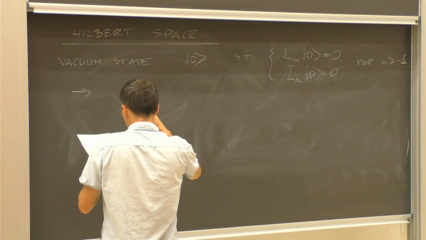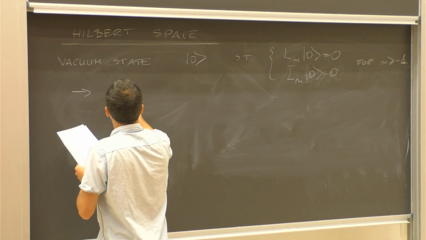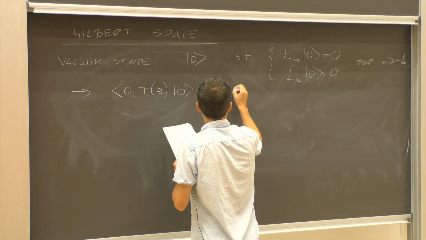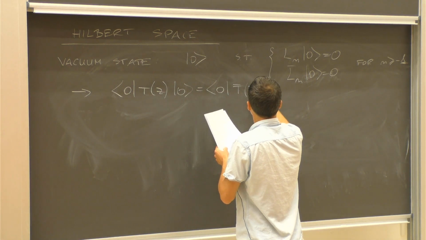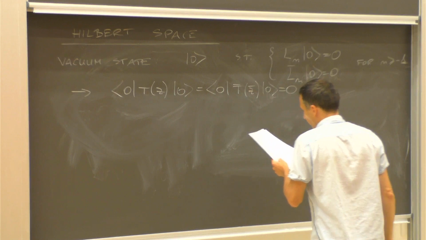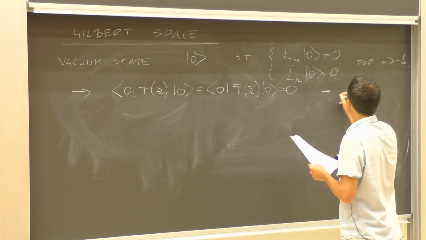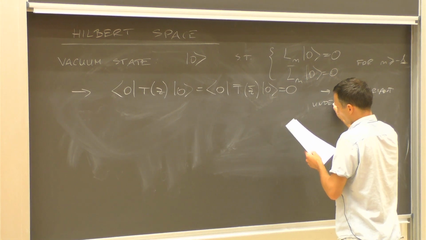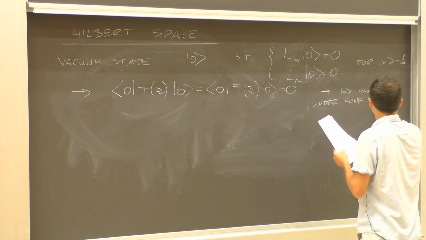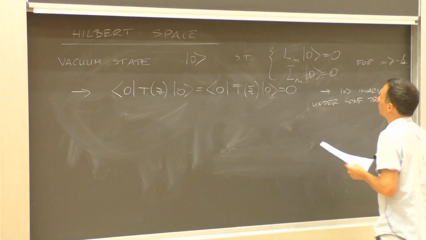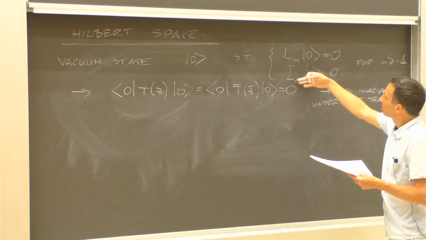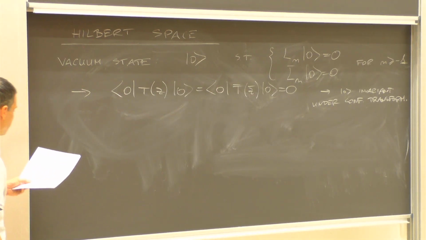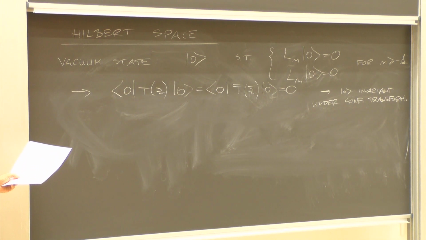And then this ensures that the following expectation value of the energy momentum tensor is 0, which means that indeed this vacuum state is invariant under conformal transformations. So for that reason, this characterization of the state by these modes of the energy momentum tensor is important. So this is one state which we, of course, need in what follows.